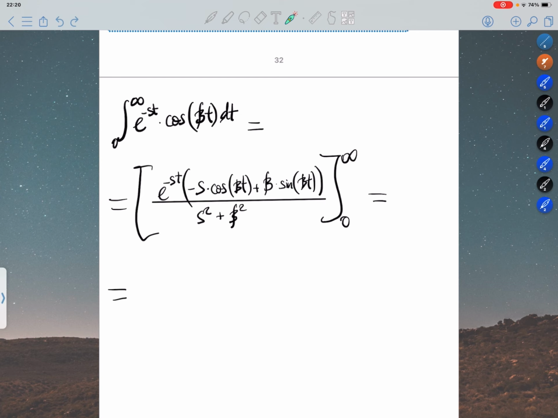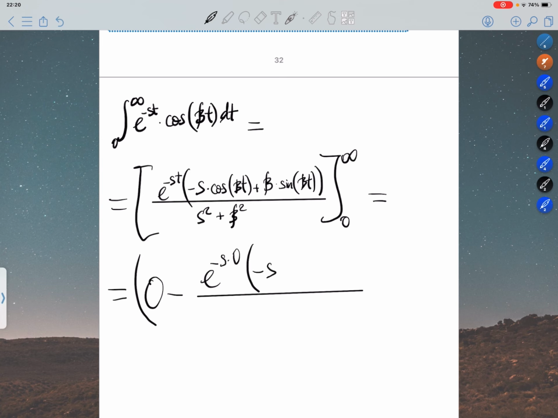If we substitute this infinity into the t, we're going to see that we have e to the power minus infinity, which is 0, right? So this is basically equal to 0 minus, and then if you substitute 0 inside, we're going to have e to the power minus s times 0, right?